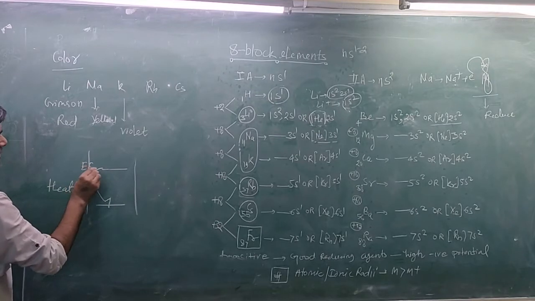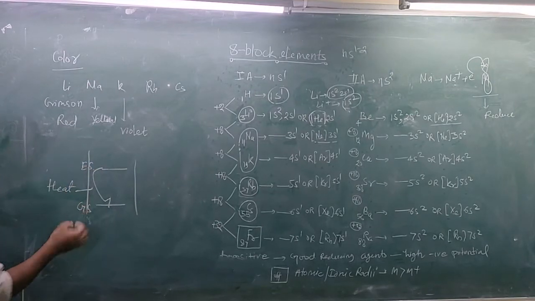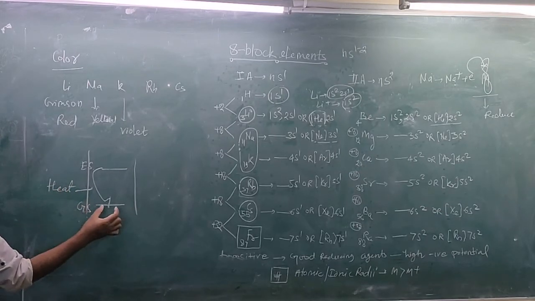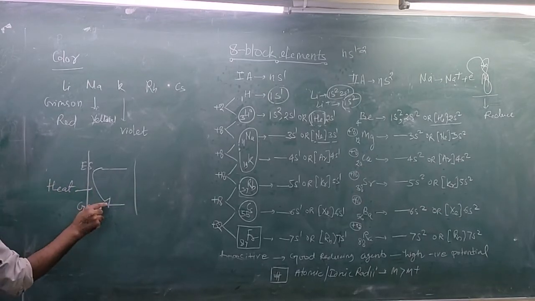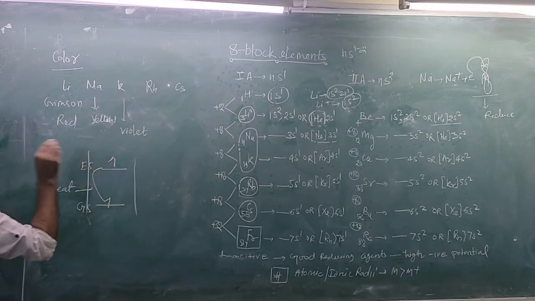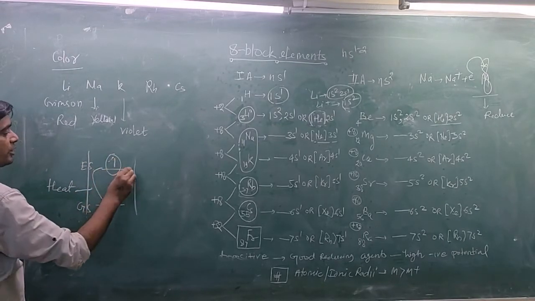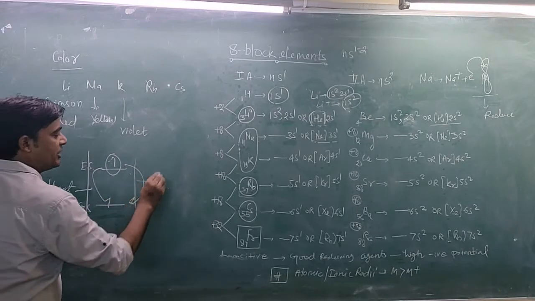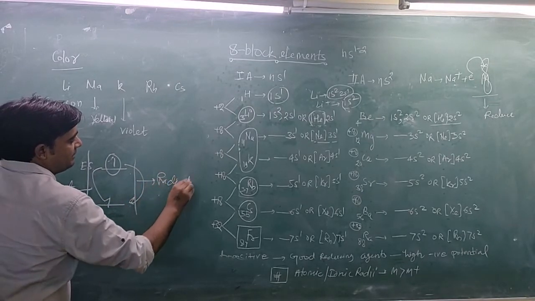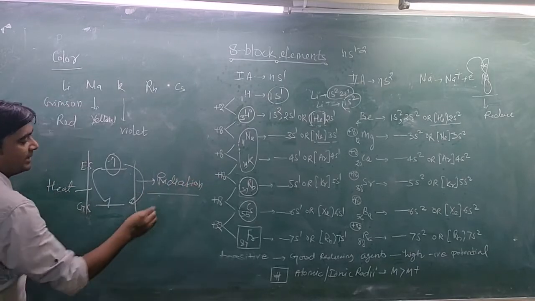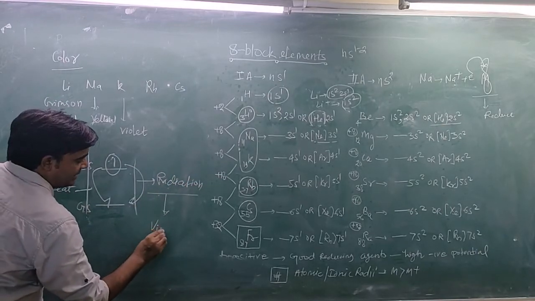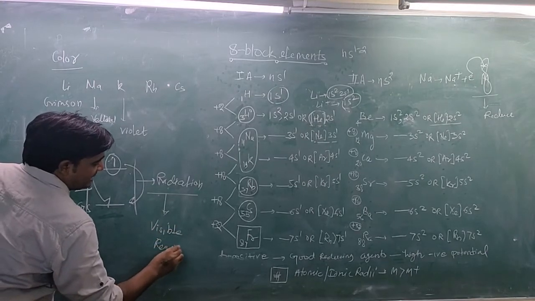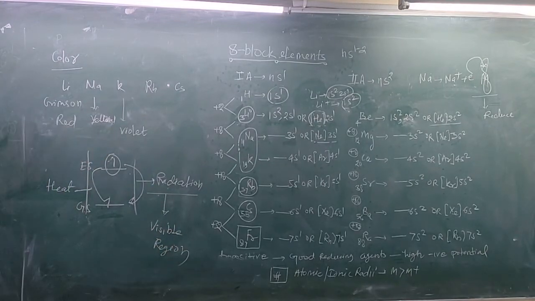This is the excited state, this is the ground state. When this electron comes back into its ground state, it releases some radiation, and this radiation appears in the visible region. So that's why these elements exhibit colors.